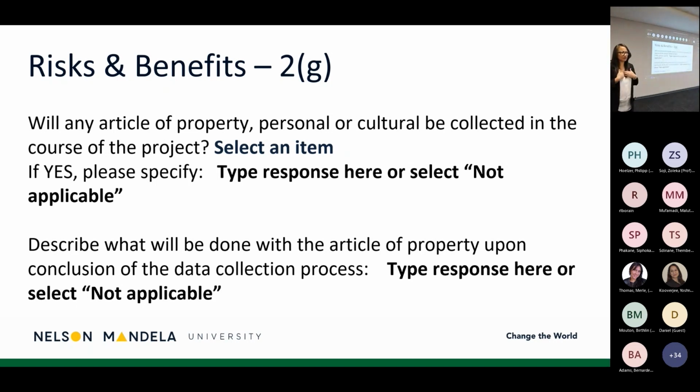It's personal information, it belongs to me. Are you going to be collecting any articles, personal or cultural? State it here, please, ahead of time, okay? And what are you going to do with it? This is important because sometimes you don't realize a risk factor involved, and we need to pick that out for you.